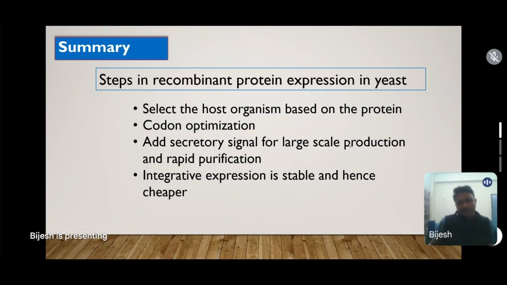Next, it is always better to go for a secretory signal, especially if we want to work with the protein, as it enables purification. Otherwise, getting the protein out of the system is really difficult, and it degrades.